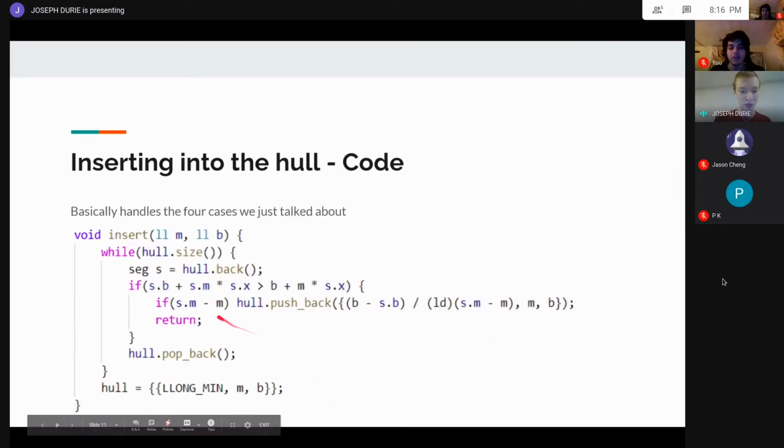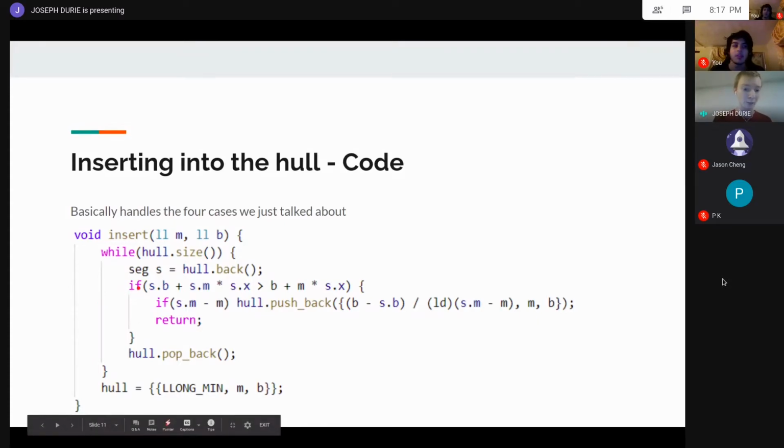Okay, so that's what's going on in this loop. This is when the line in the hull is bigger than your line. Otherwise, if we escape this if statement, that means your line is at least as good as the one currently in the hull, which means we can pop it off. So we get rid of the last guy in the hull and then continue this loop.